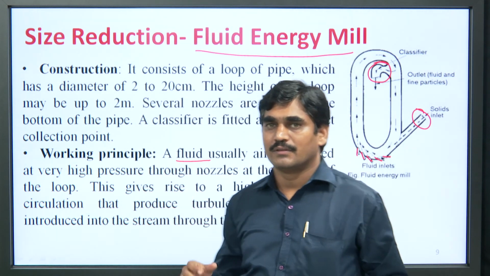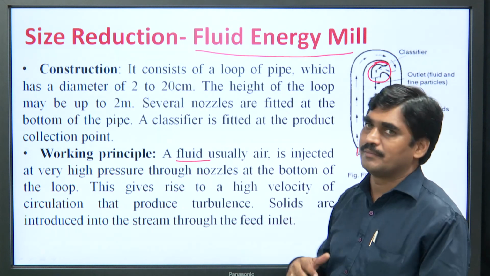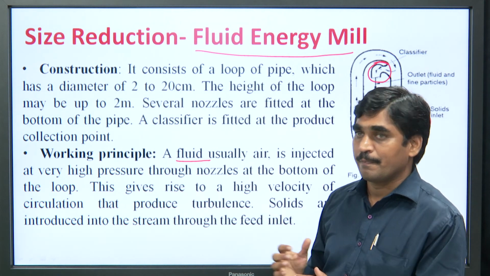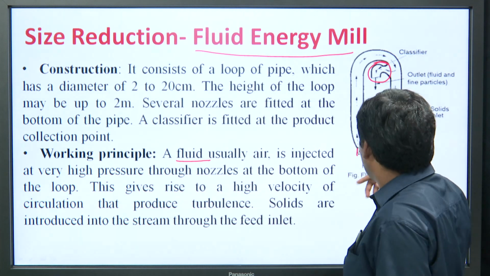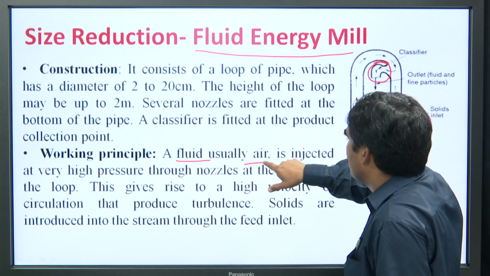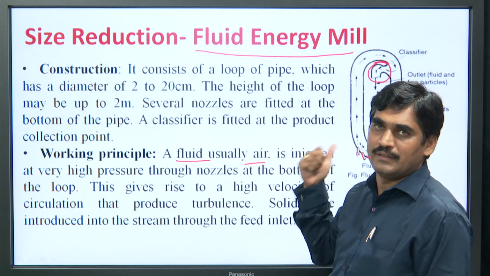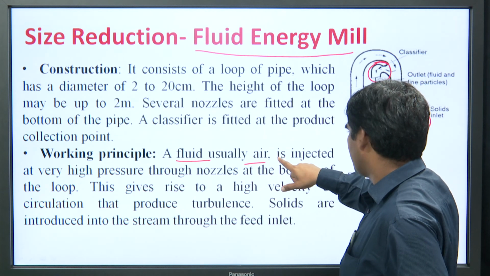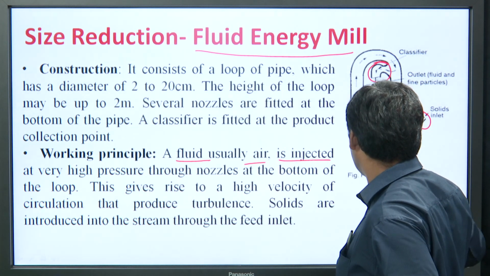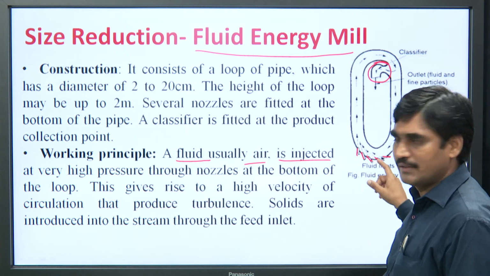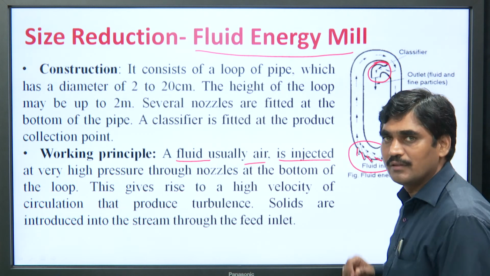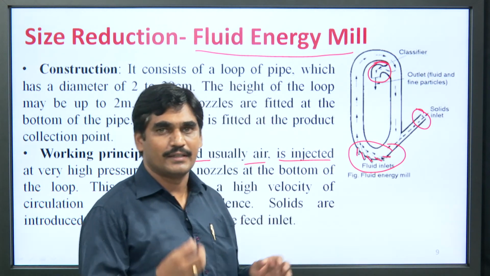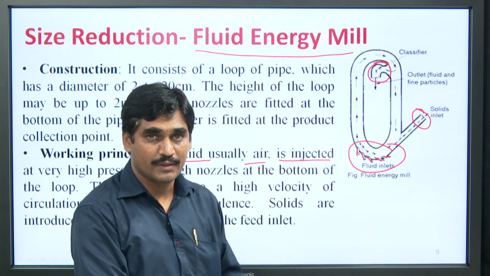The fluid may be air or a liquid, but generally air is used as the fluid. This air is injected through the nozzle attached at the bottom of the mill.